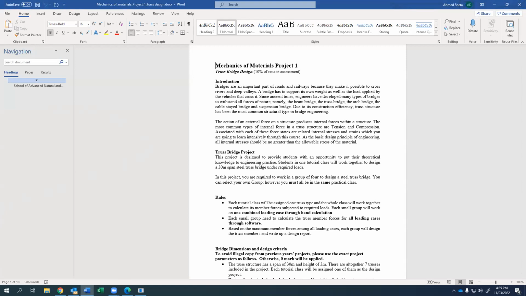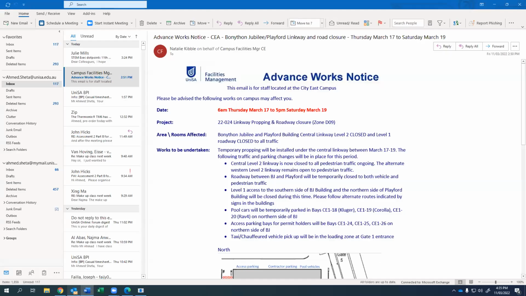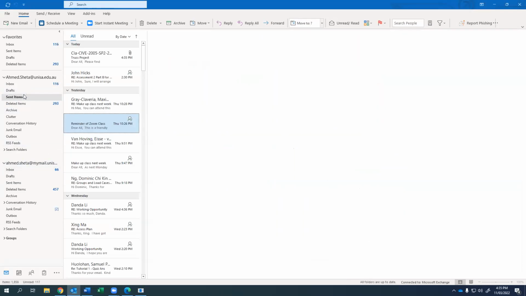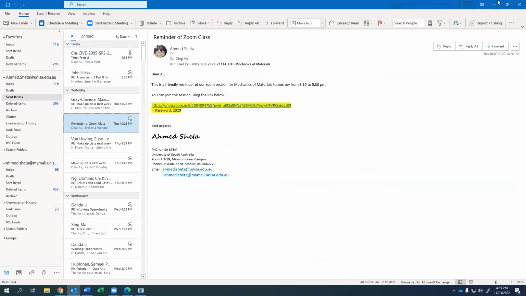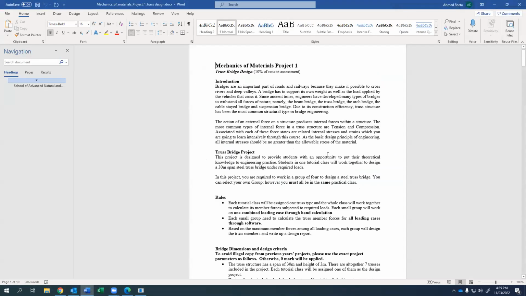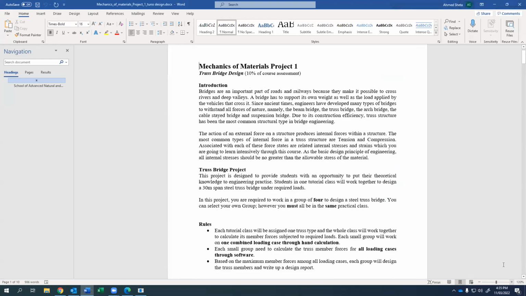The project or the truss project description? Okay, please have a look at it while we are reading. I will read it with you.